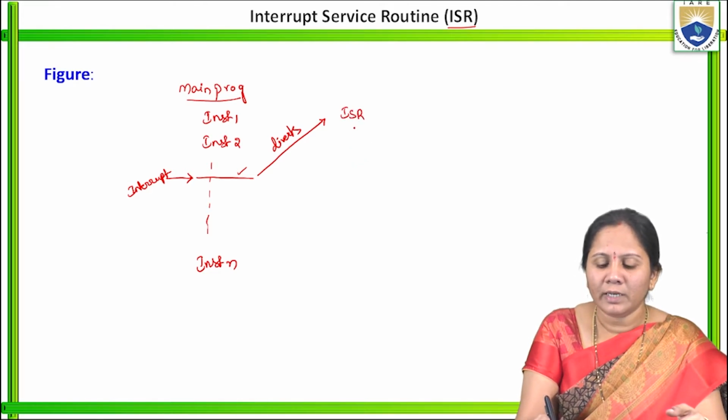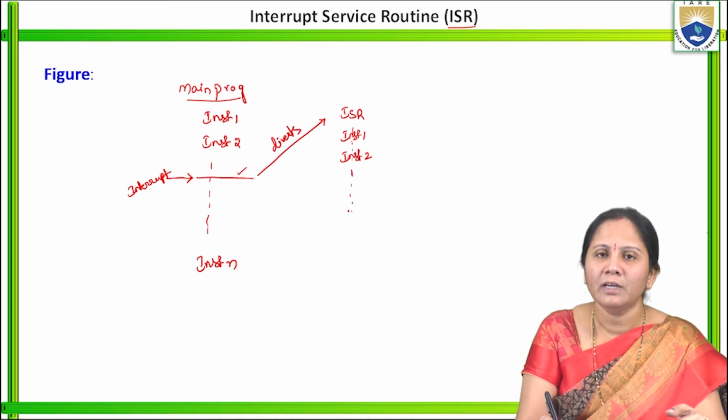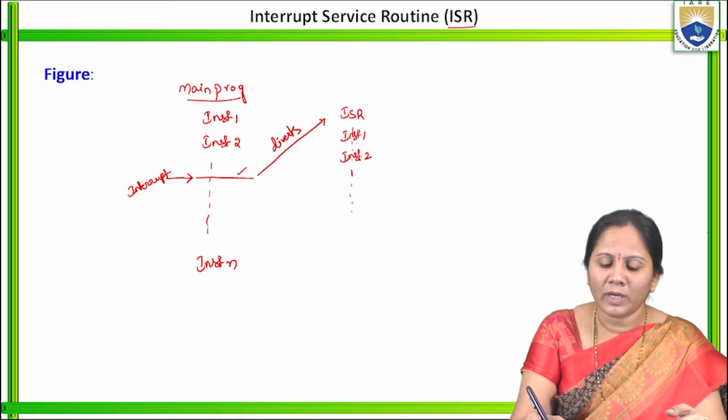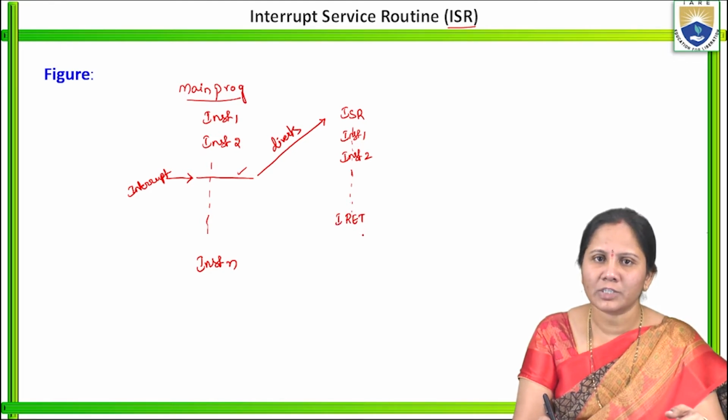The interrupt service routine also consists of some set of instructions which is able to perform a specific task. While the controller is executing this ISR, the last instruction should be the RET instruction, or the IRET instruction.